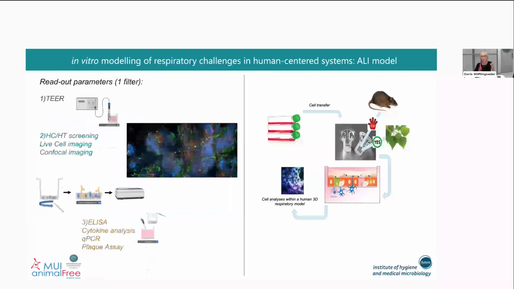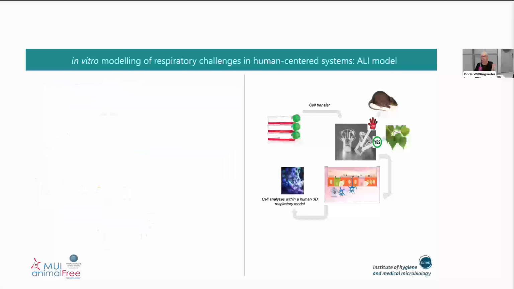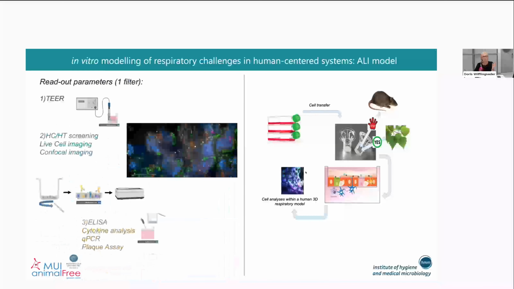So from this system, we can get from one filter really lots of readout parameters because on the one hand, we can measure the transepithelial electrical resistance to see whether the epithelium is intact and whether its integrity is good, because the higher the resistance, the better the epithelium is.